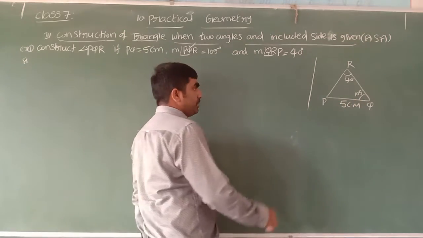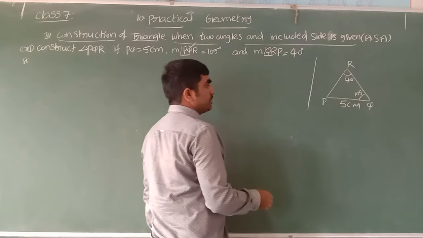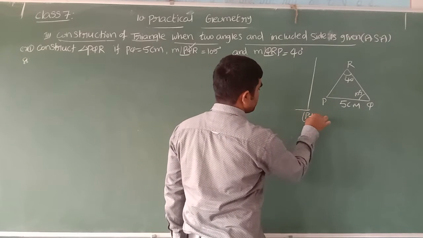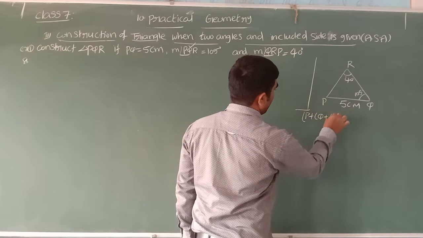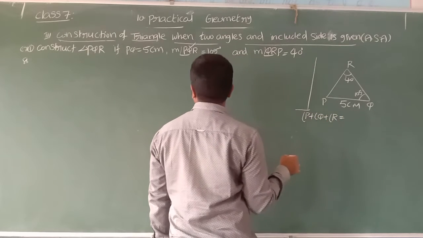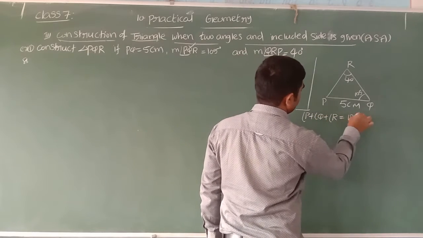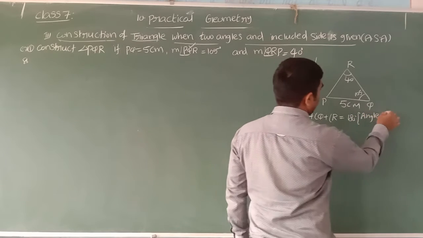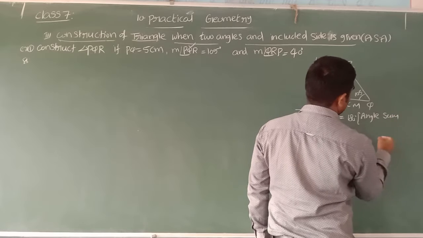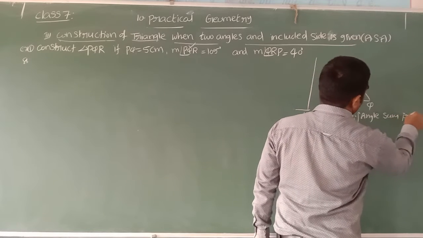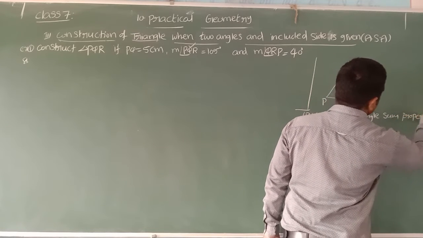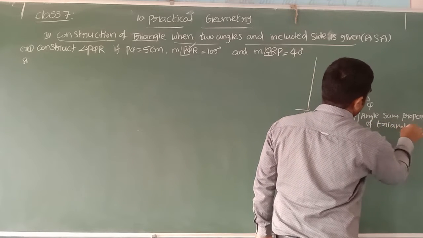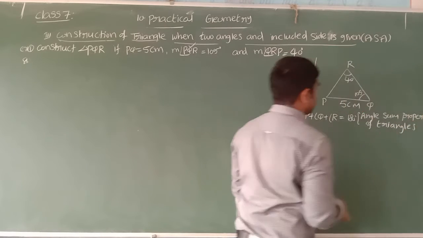Now you find angle P by using the angle sum property of triangles. Let's write here: angle P plus angle Q plus angle R is equal to 180 degrees. You can write the reason here: the reason is the angle sum property of triangles. What is the angle sum property of triangles? The sum of the three angles in a triangle is equal to 180 degrees.